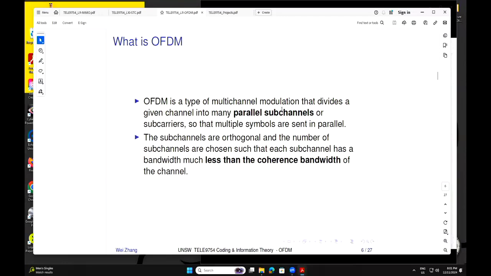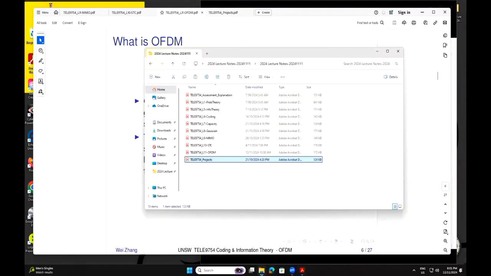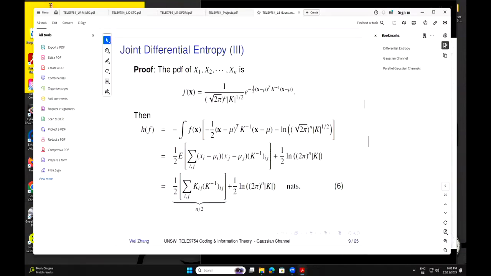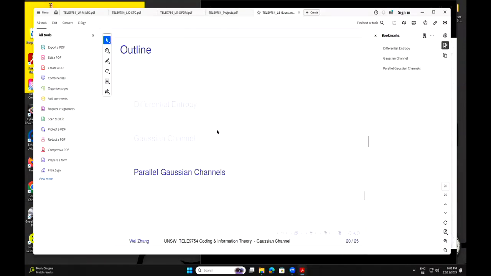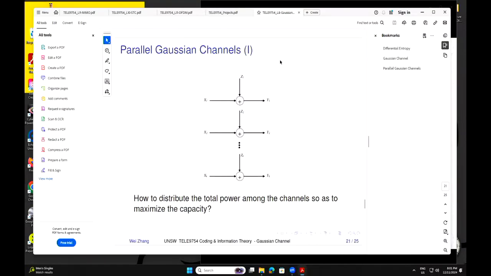OFDM is actually a multi-channel modulation, dividing the channel into many parallel subchannels. Sounds very familiar, right? We have the topic called the parallel Gaussian channel. This is like the OFDM brief model. We have parallel channels, and each channel has noise and signal transmission.